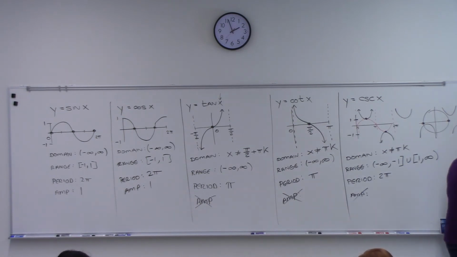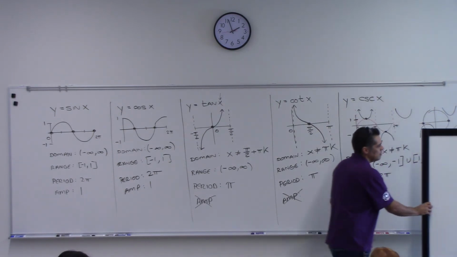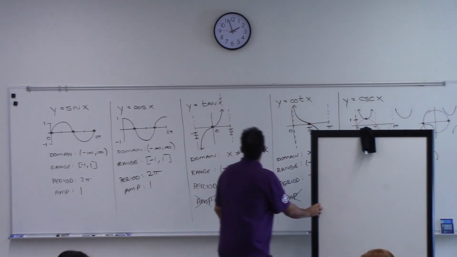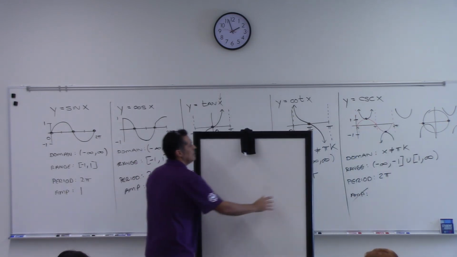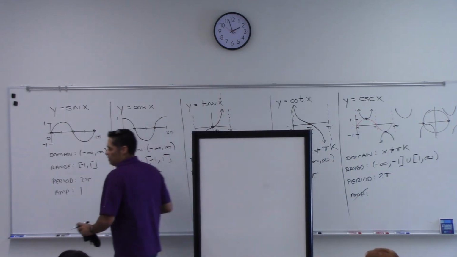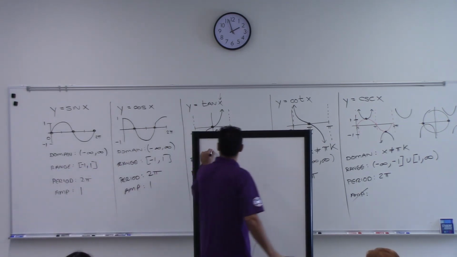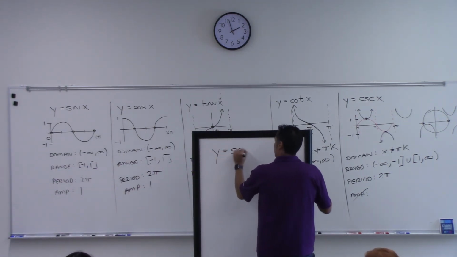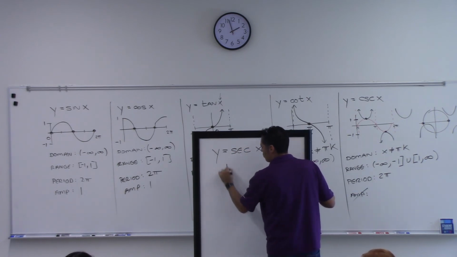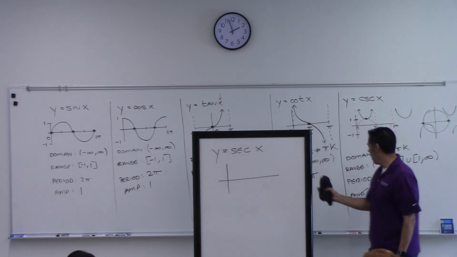Last picture. All right, so the last one we have is secant. So secant x, the picture of this, we get by drawing cosine.